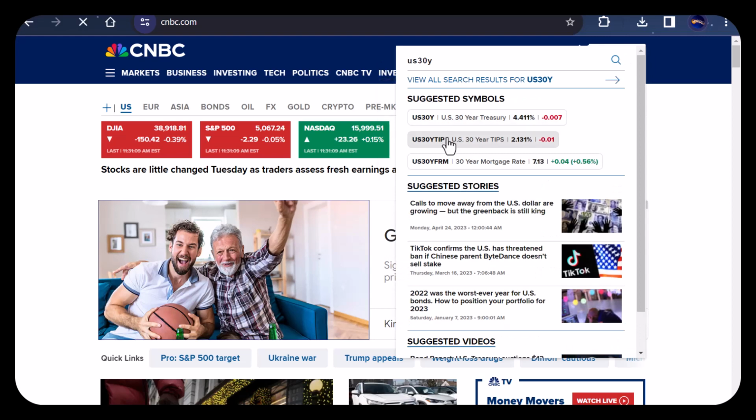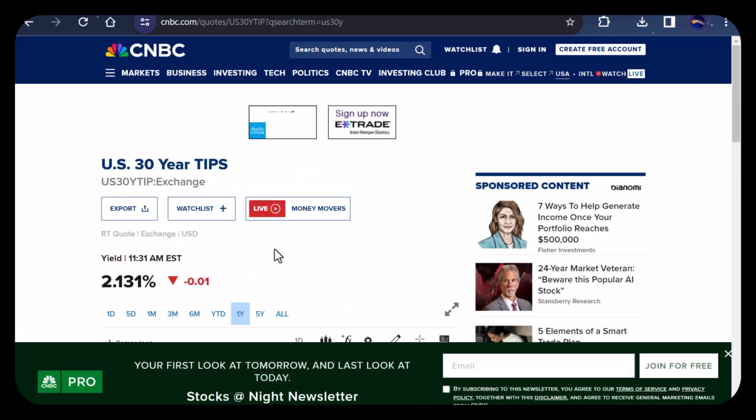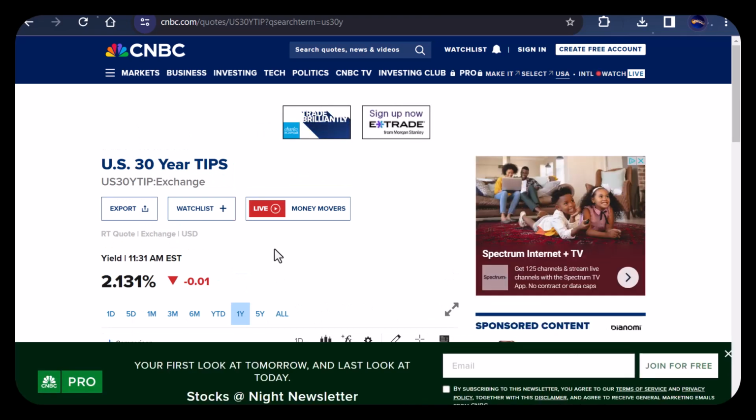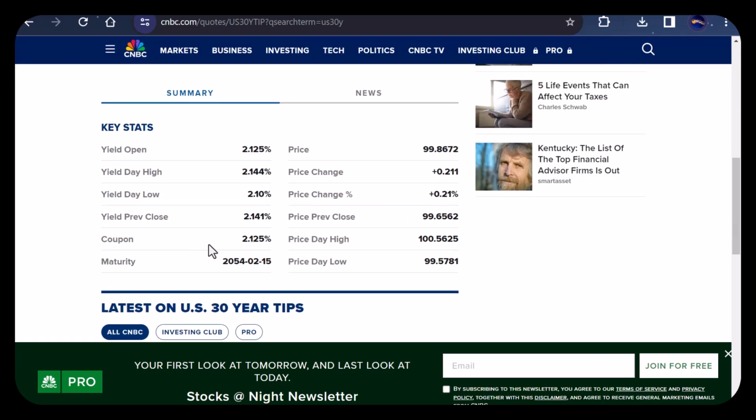The current yield to maturity is 2.13%. That's after inflation. In terms of coupon, 2.125. So the coupons are calculated using that rate, and that rate remains fixed during the life of the bond, but the face value keeps increasing. Okay, so the coupons you're getting are higher and higher if inflation is always positive.